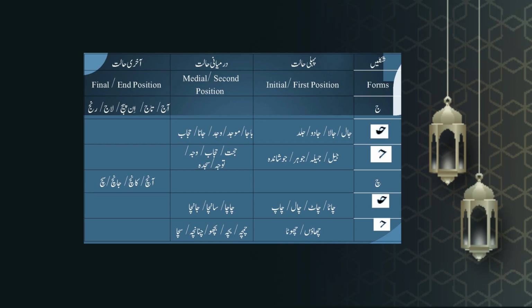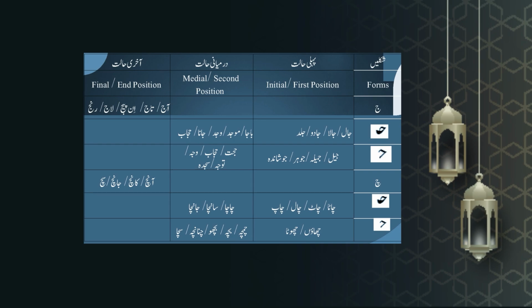And about the second form, we taught you that this is frequent, at ease with most of the alphabets. We have here jail, jamila, jauhar, joshanda. This is open. It comes openly with most of the alphabets, and its head is open.